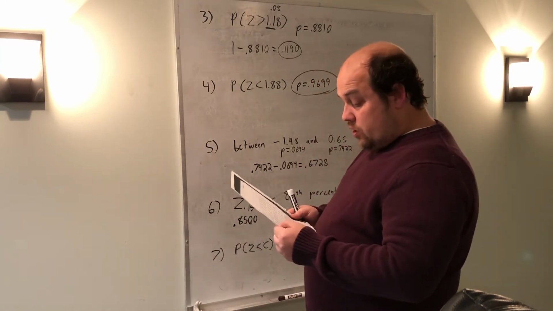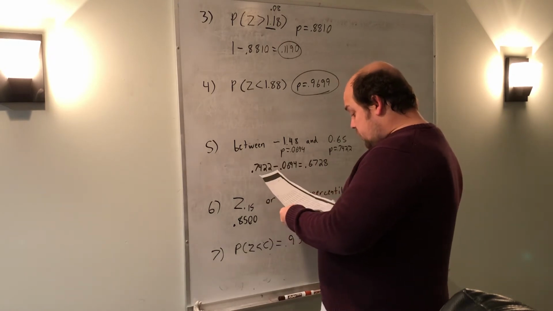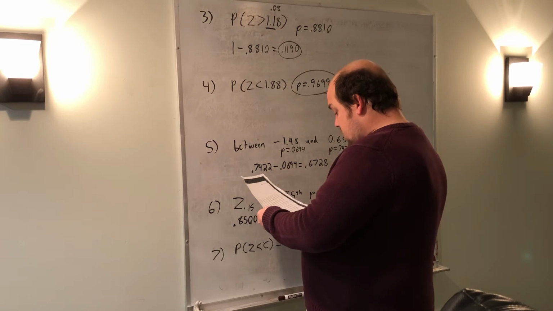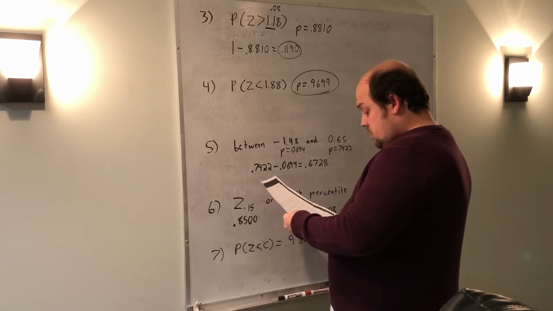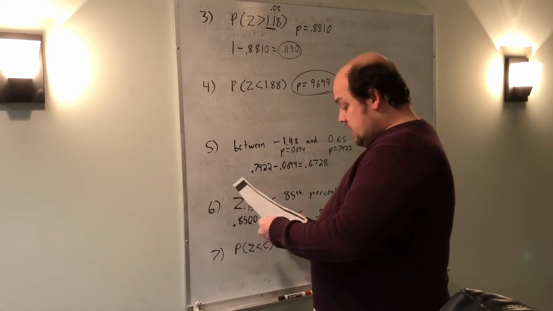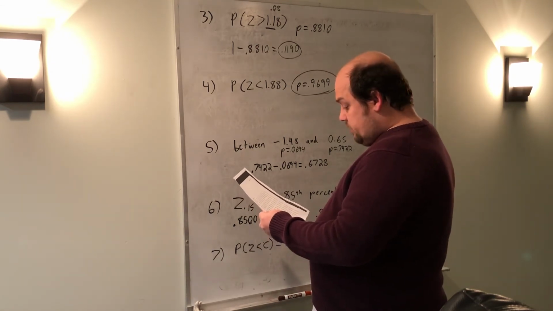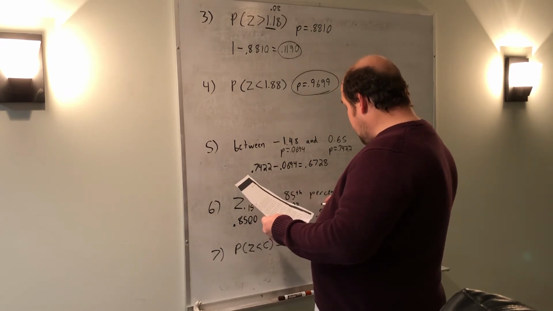So as I read across that 1.0 row, I see that it goes from 0.8485 to 0.8508. This happens, again, in the 1.0 row when I move between the columns marked 0.03 and 0.04.